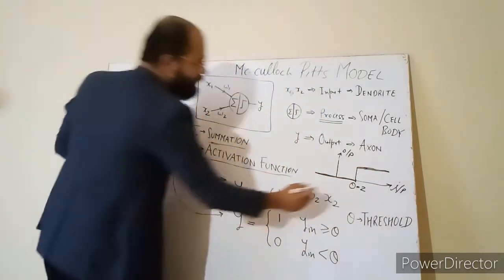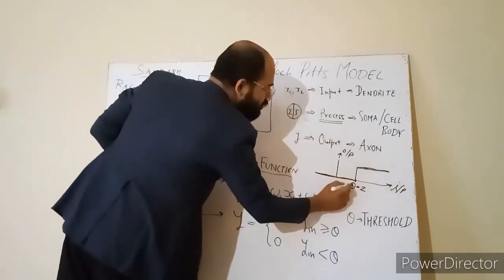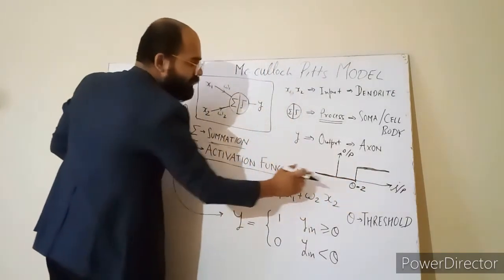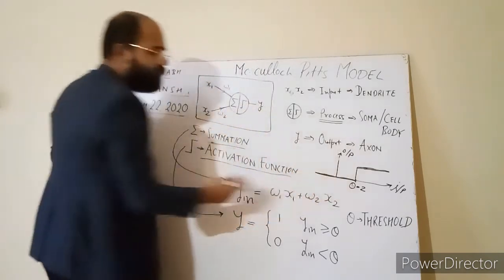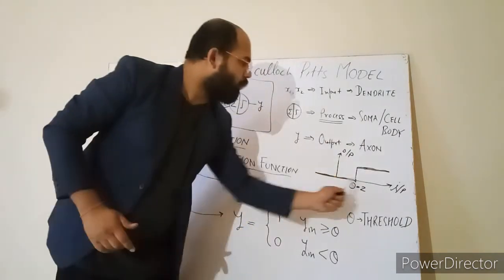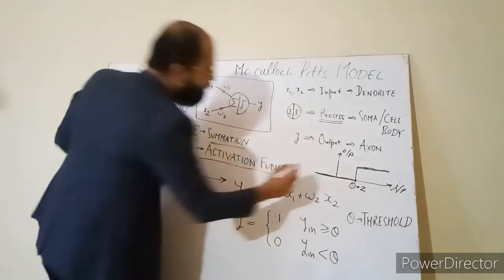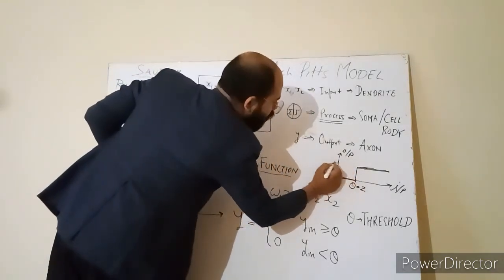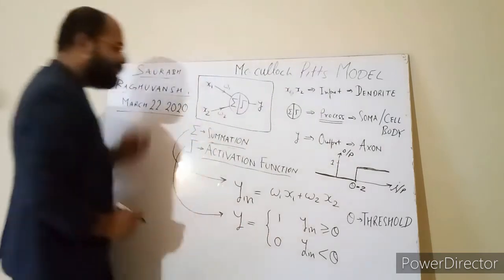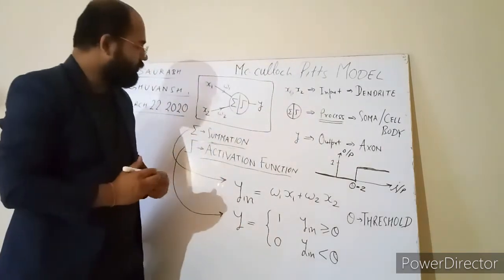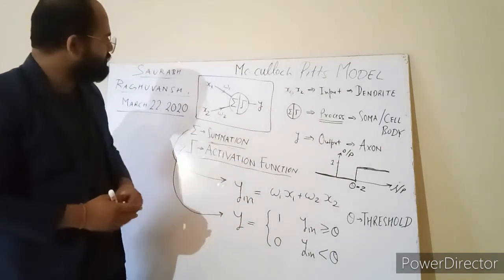Whenever the input is less than theta, the output is 0, and when the input is more than 2, the output is 1. This is how the activation function works.